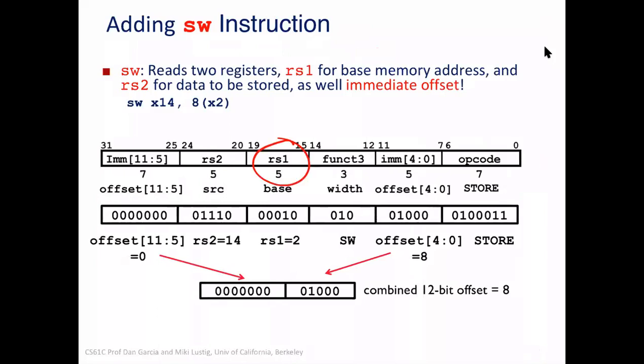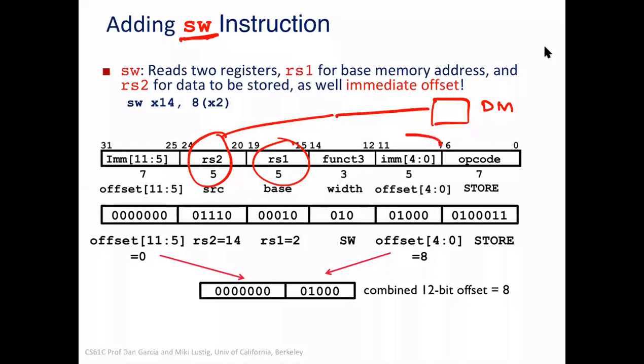In case of store word, the base register of course is RS1, but the contents of RS2 are to be put into data memory, right? And the immediate field which forms the offset is here. There are 5 bits here, bits 0 to 4, and 7 bits here, so this makes 12 bits.